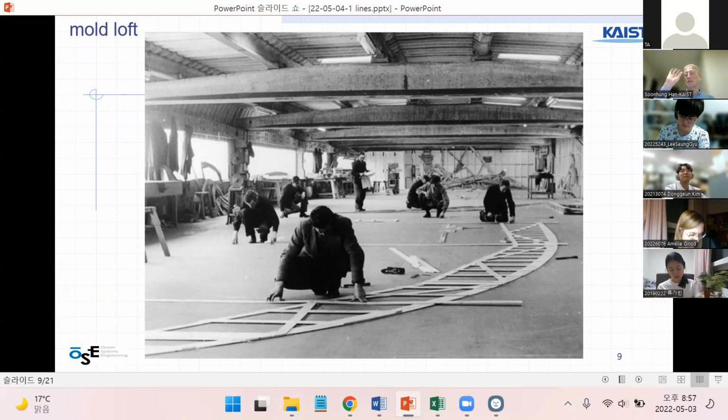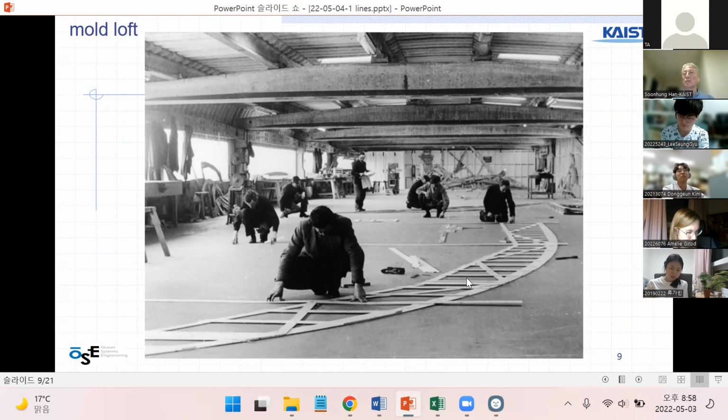The thick curved, something like 2 centimeter thickness steel plate should be bent to make a curved shape of the ship. So for each design section, they make a full size template to check whether the ship curves are correctly built.